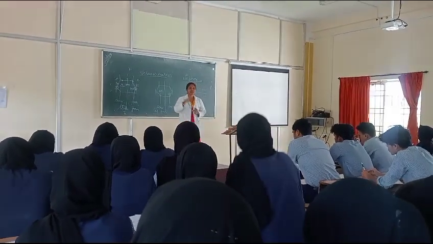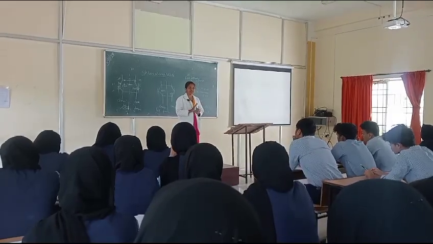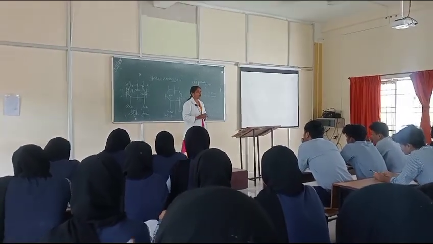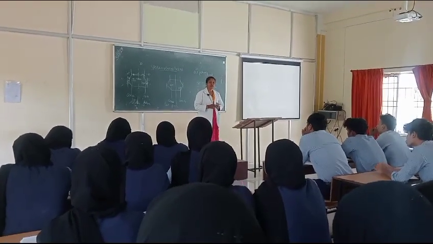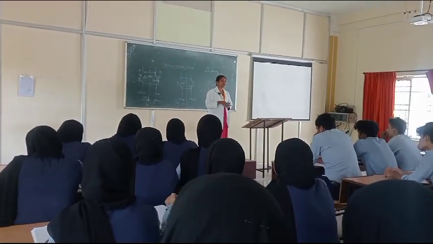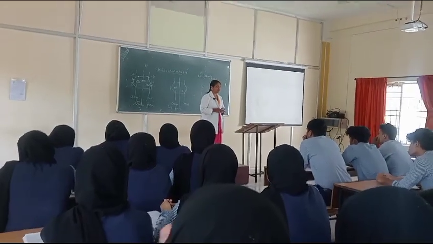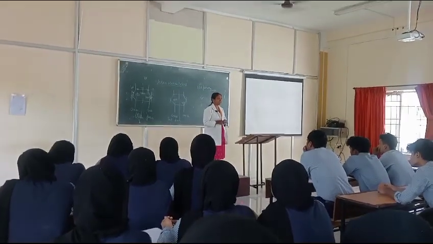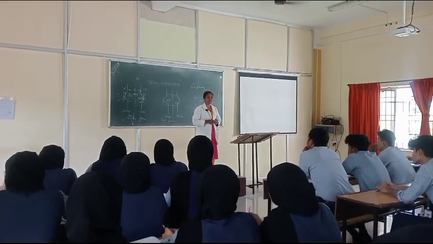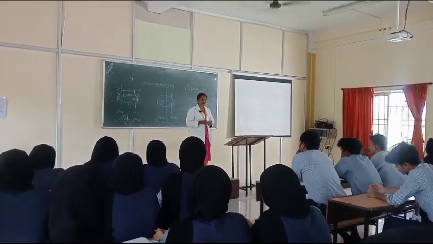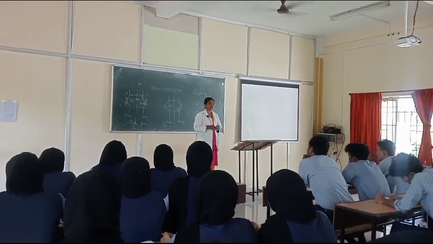So whenever chiral carbon atom questions come, we have to say first that it is a compound which contains a carbon atom with four different groups around it. The carbon atom is attached to four different groups.